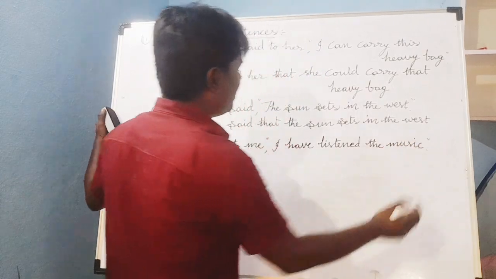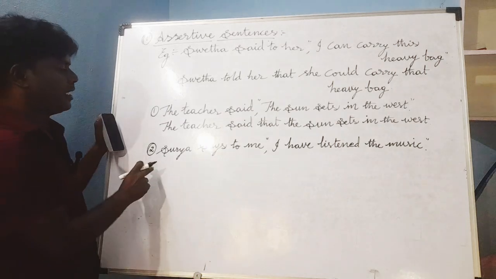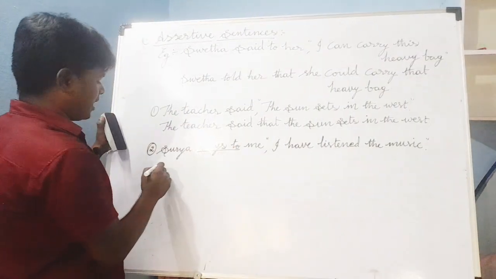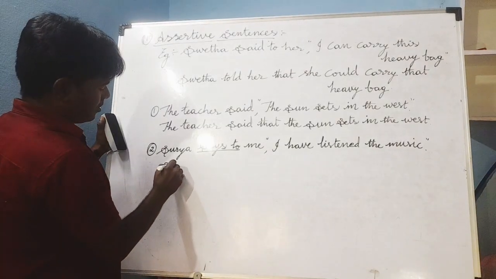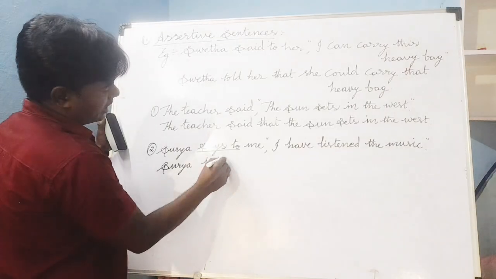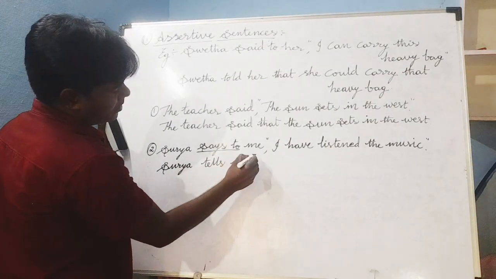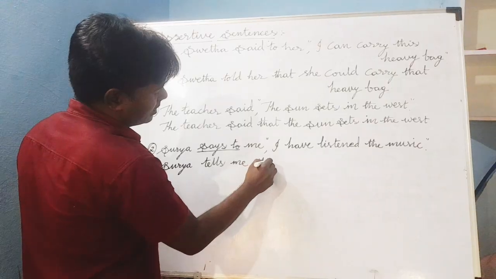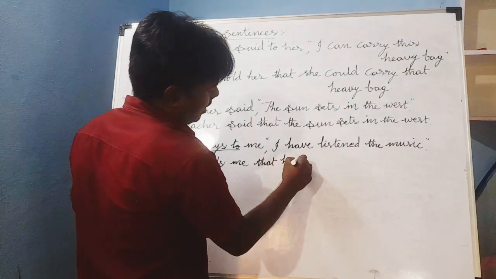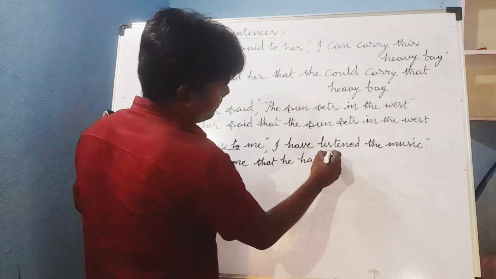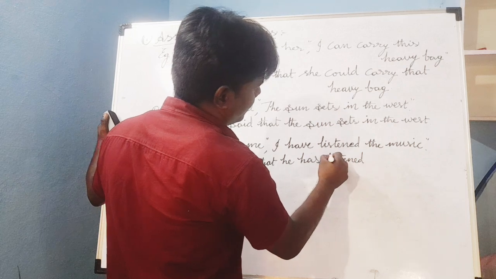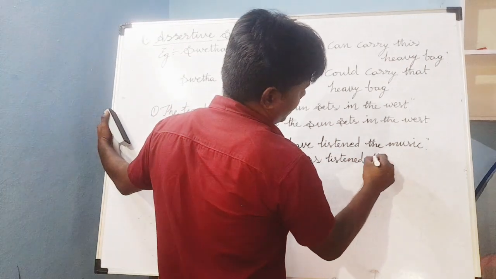So remember here, Surya says to, okay, says to changed into tells. Then Surya tells me, instead of inverted commas, that conjunction. I becomes he. Have becomes has. Listened the music.